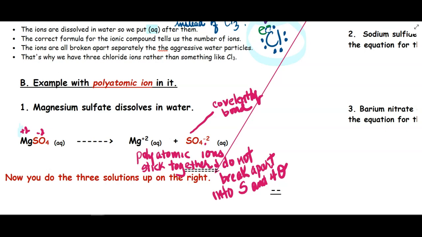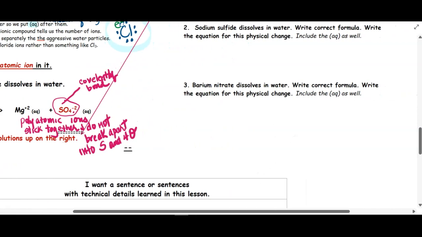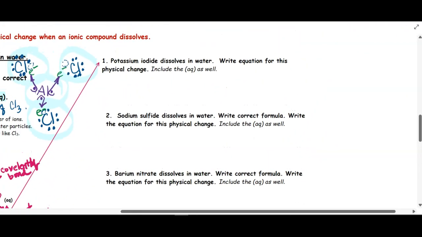Okay, now, so these stick together in water, all right? Yes, the water surrounds them as a total thing. Now, what I want you to do is these 3 over here. All right, potassium iodide dissolves in water. Write the equation for this physical change, but you do have to write the first step.